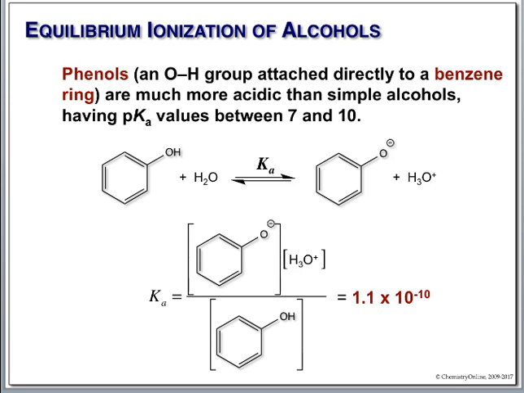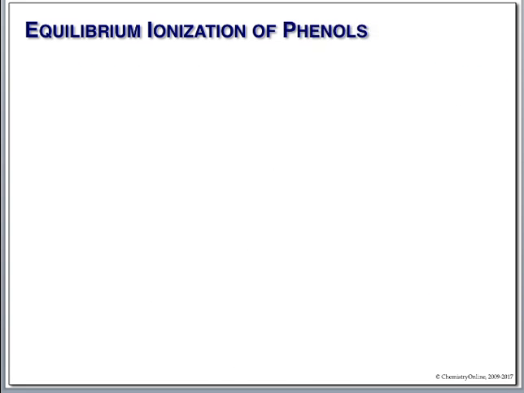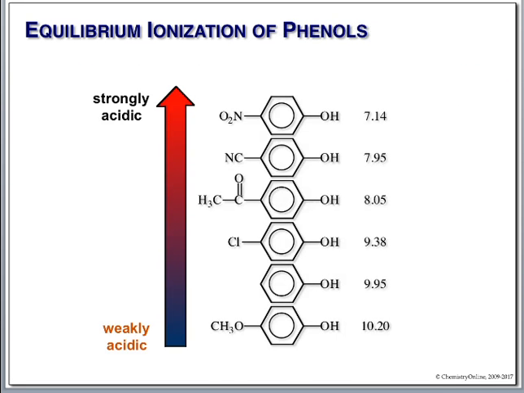We know there are things you can put on this ring that withdraw electrons, right? Well, if we look at an array, down here we have phenol itself at about 10. If we push electrons in, we go up. If we pull electrons out, we go down. Stabilizing the anion makes it a stronger acid. Any questions?